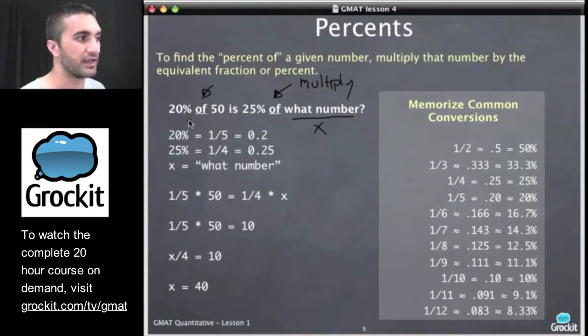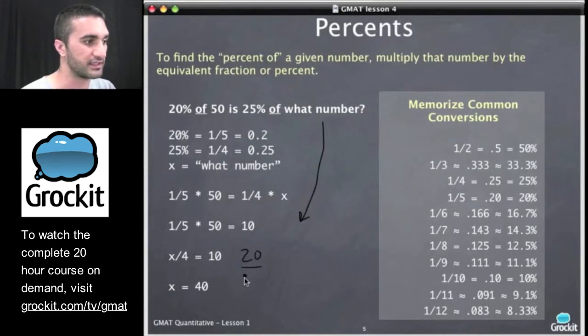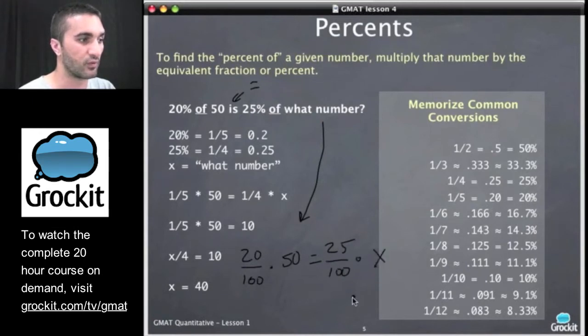The way I respond to a 20% when I see that, I just look at it as 20 over 100 so I can do some simple arithmetic. So if I translate this English into a math equation, I read it, 20% of 50 is, well, is an equal sign, 25% of what number?